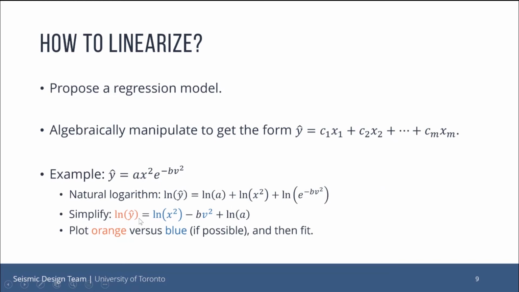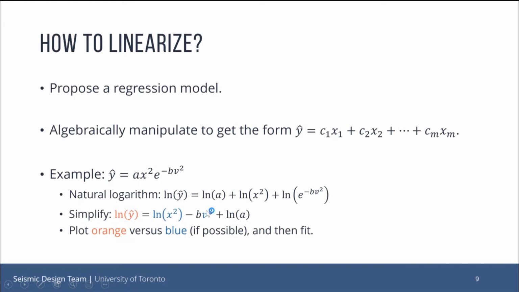The next step is to simplify. And once you simplify that, you can deduce which variables need to be plotted. So in this case, we need the natural log of x squared to be plotted. And we also need the variable v squared to be plotted as well. And then the natural log of y is also supposed to be plotted.